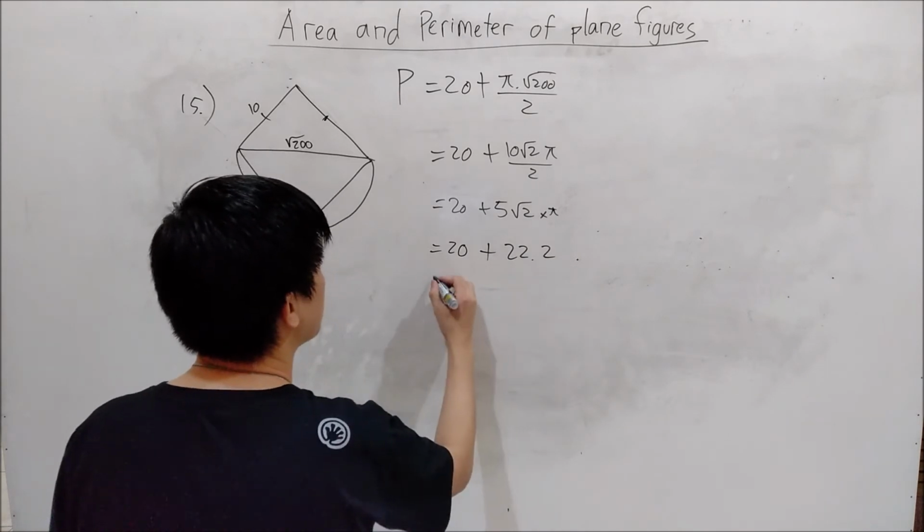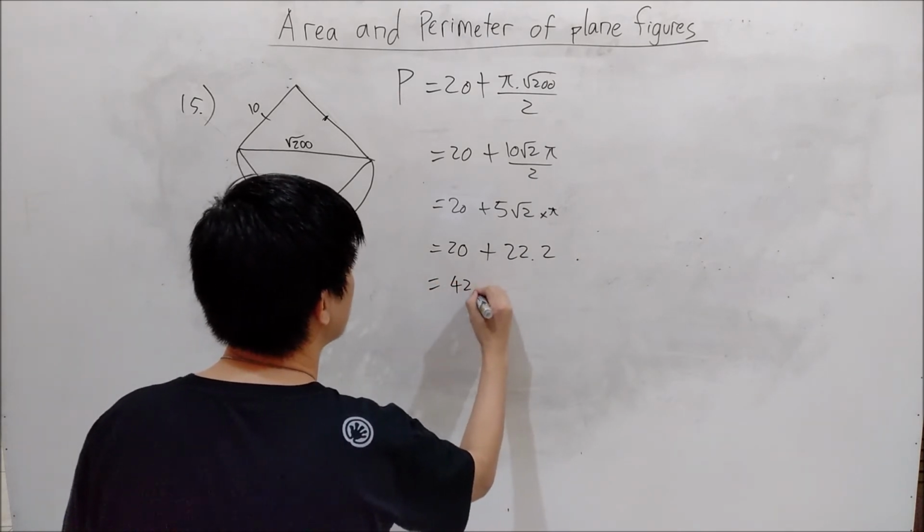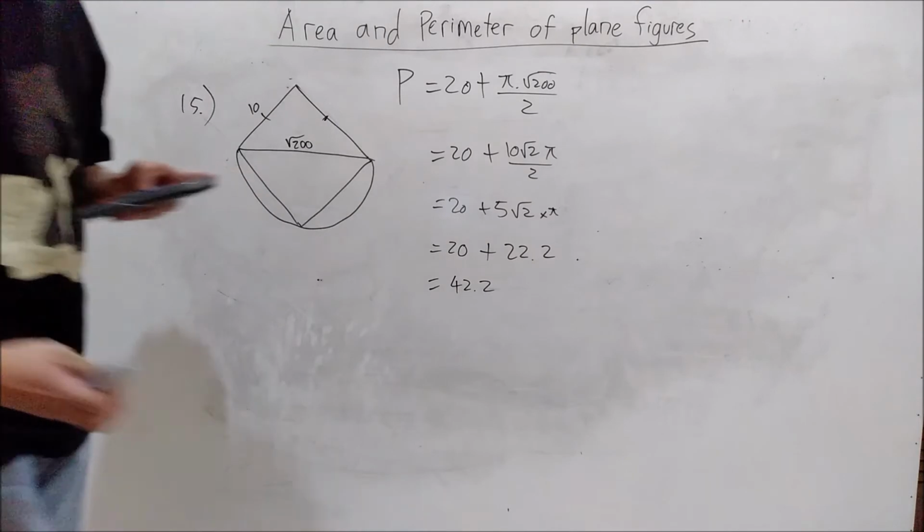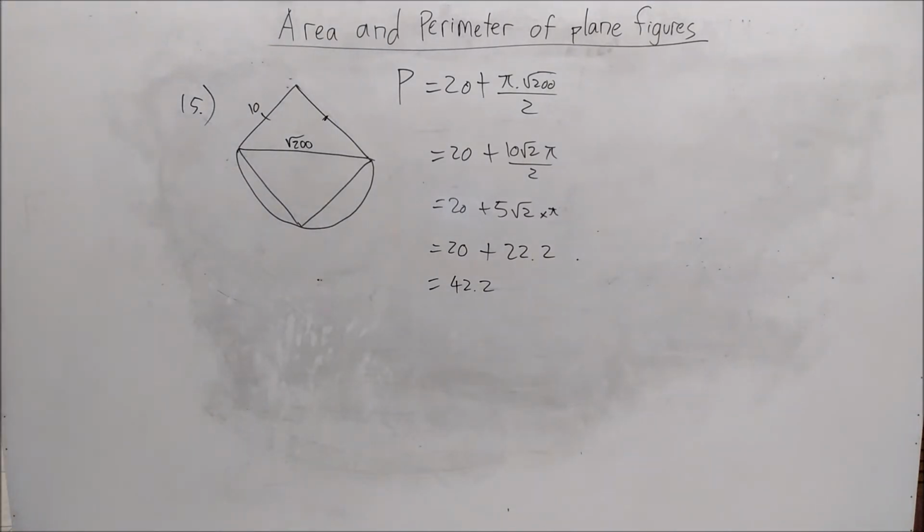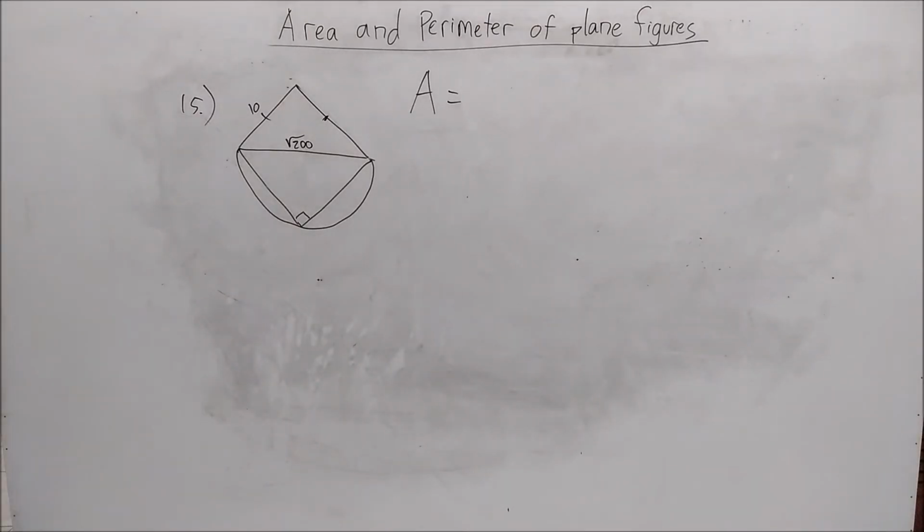So 22.2 plus 20 will be 42.2. That will be the perimeter of the shaded region. Now let's go with the area.